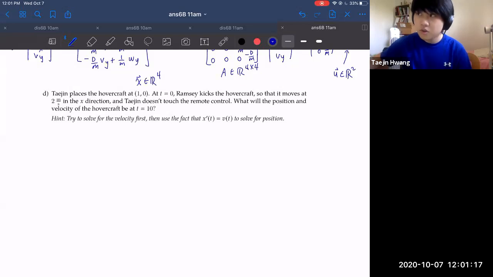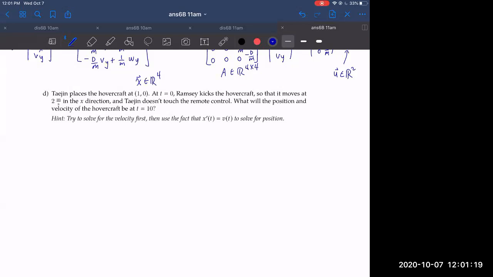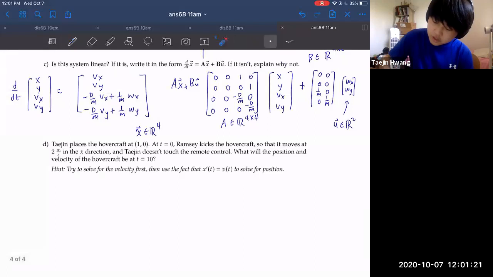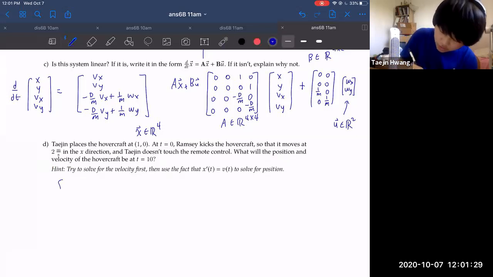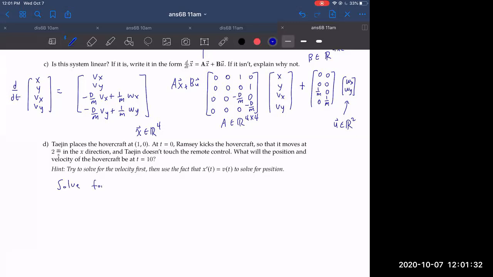The idea here now is, given this big, ginormous system of equations, we want to solve for the position and velocity. So we want to solve for the vector x.